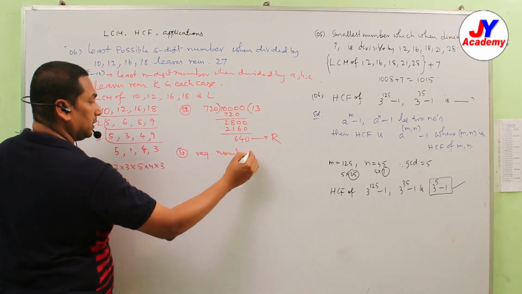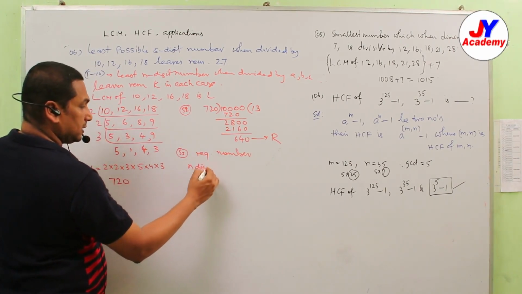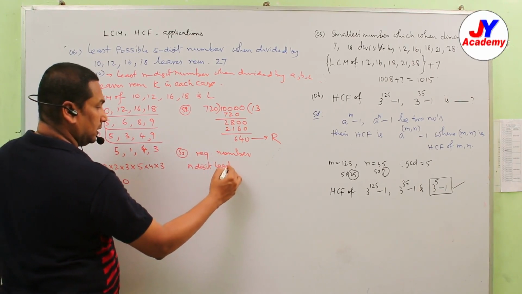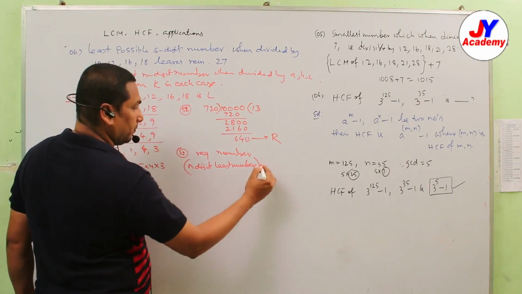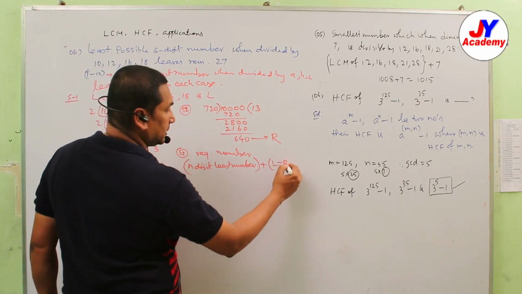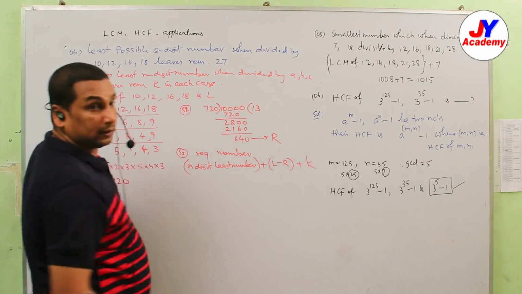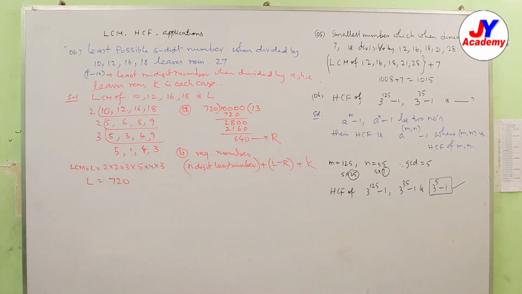The least n-digit number plus L minus the remainder R, plus the common remainder K.